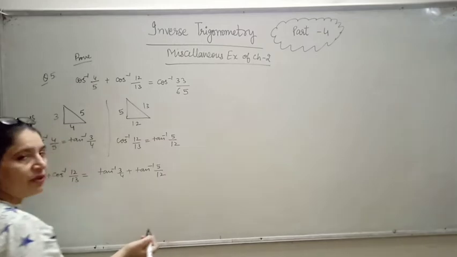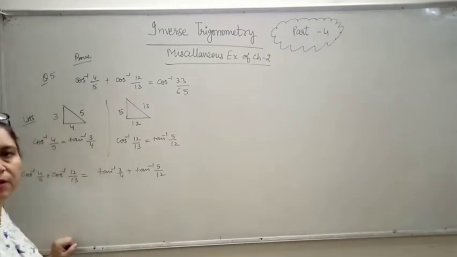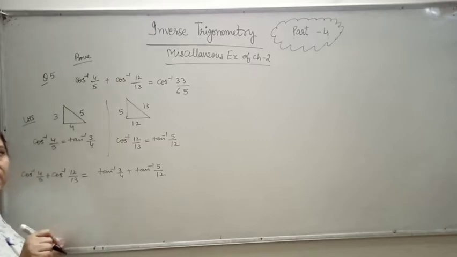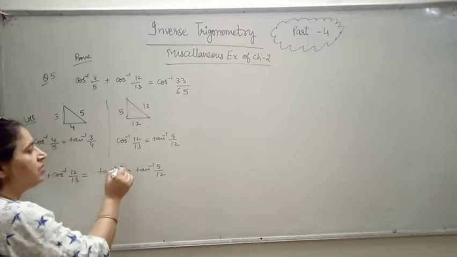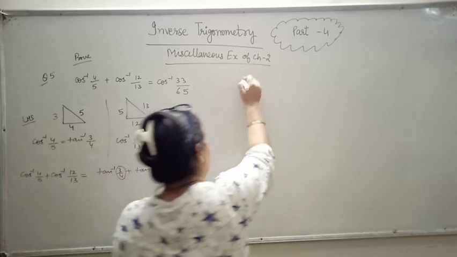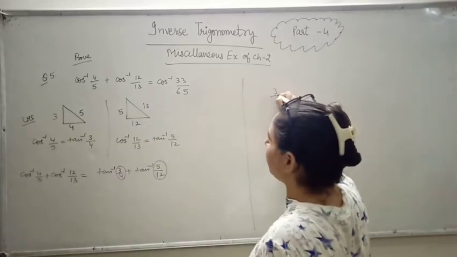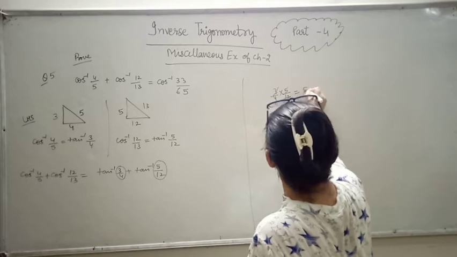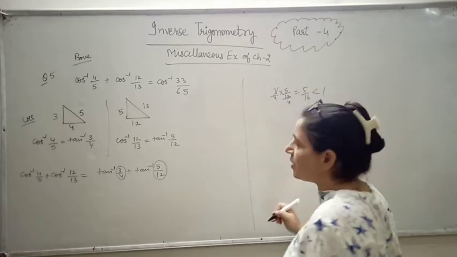Now after this we will apply tan inverse A plus tan inverse B is equal to tan inverse of (A plus B) upon (1 minus AB). But before that we will check whether this formula can be applied or not. Means I will check whether the product of these two is less than 1 or not. So I am going to check it here. 3 by 4 into 5 by 12, this is 3 by 4 into 5 by 12, 4 threes are 12, 5 by 16. 5 by 16 is obviously less than 1.